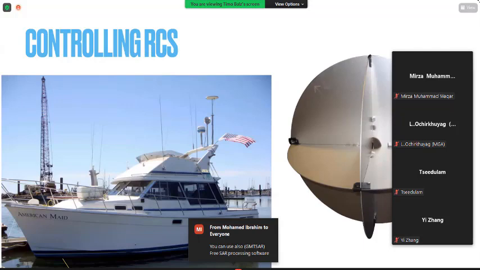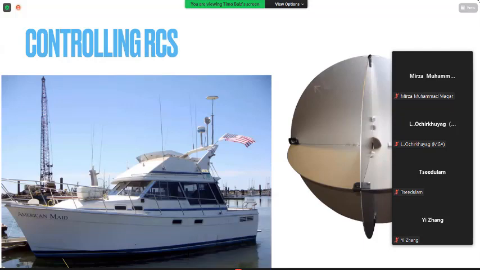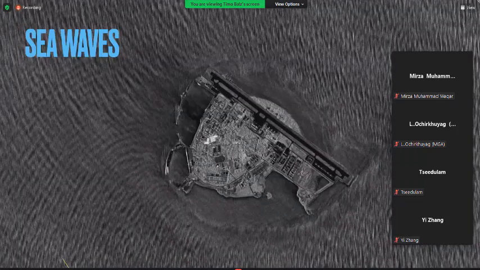Now we talked about the water being black in some images, and there are also many algorithms and applications which are built on the assumption that water is black in some images, and that is true as long as you have calm water.